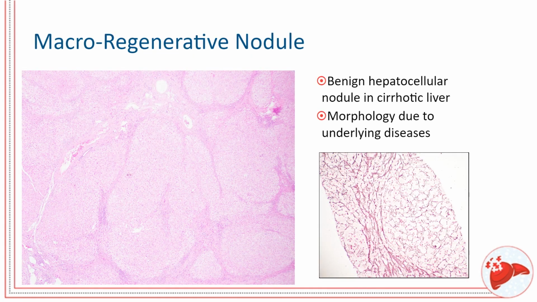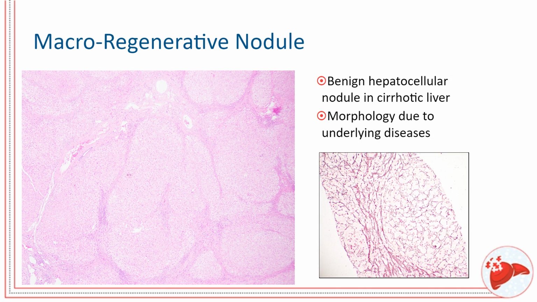And here is a summary of the microregenerative nodules, which occur in a cirrhotic background. In comparison with focal nodular hyperplasia, cirrhosis is a diffuse process that largely involves the majority of the liver parenchyma.